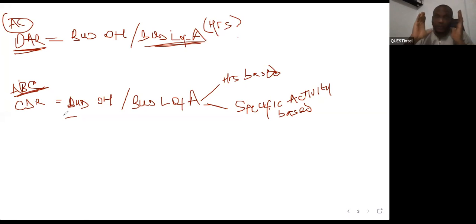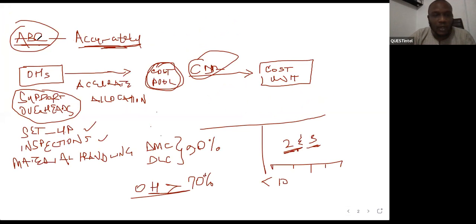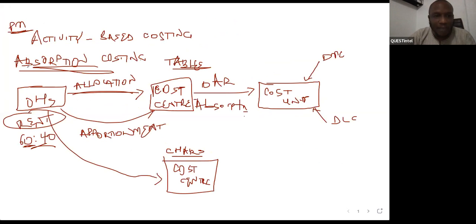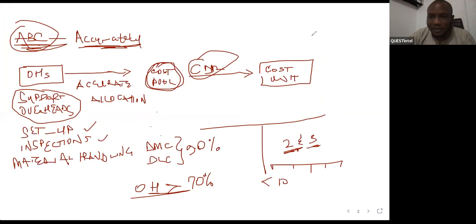It is also important for us to see a picture here that whether you're using ABC or absorption costing, your direct material and direct labor cost will be exactly the same. These ones are directly attributable. So we don't have any problem with the direct cost.